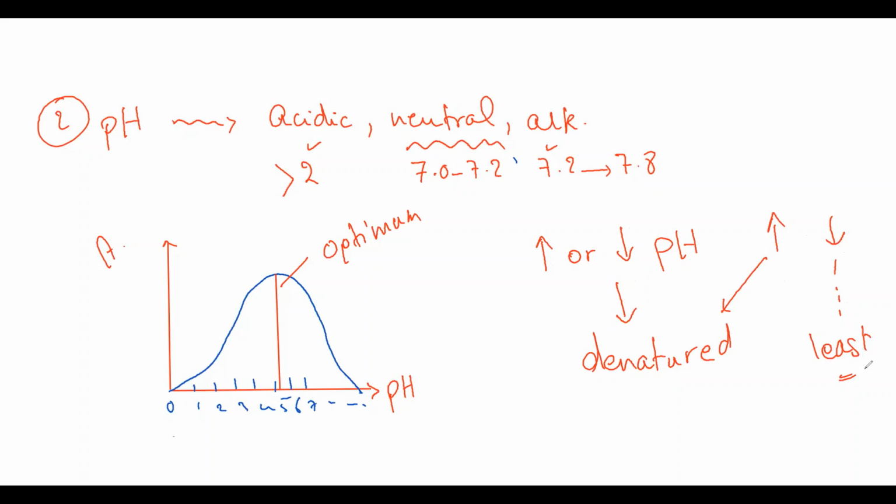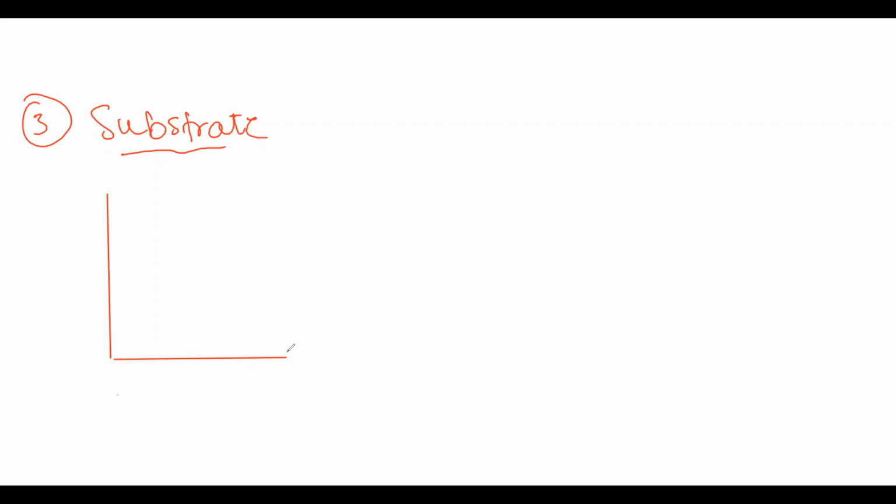But what about the substrate concentration and the enzyme concentration, the other two factors? Now, if I drew again a graph for the effect of the substrate concentration on the enzyme, and here is the enzyme activity, you're going to see a curve that looks like this.